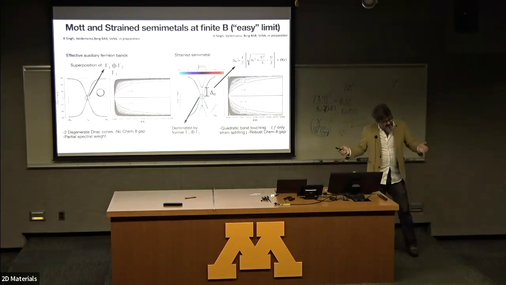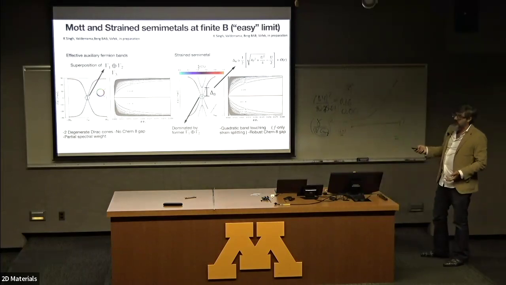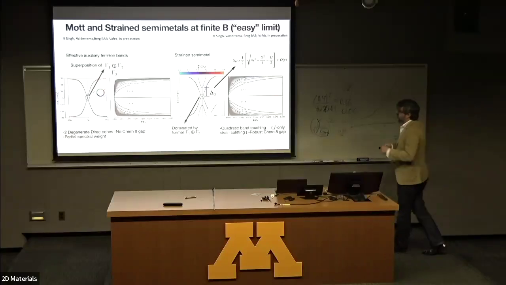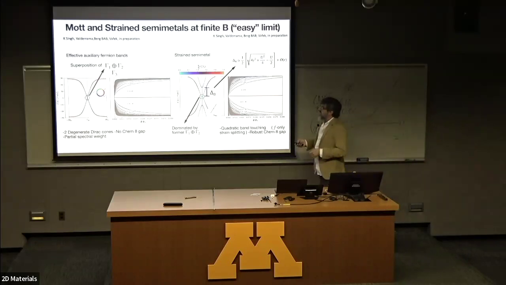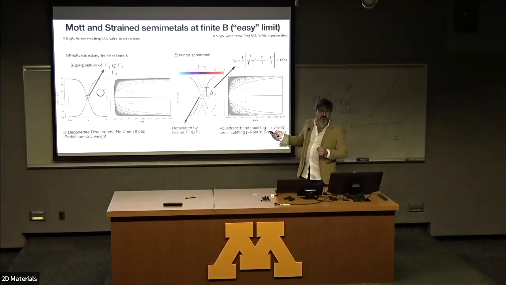In the realistic problem, there will be C equals 8, but it's very clear that there's a huge gap at 4, very little gap at 0 in this idealized limit, and a small gap at 12. There are some residues here that are not 1 because of the auxiliary fermions. With the strain semi-metal, strain has split one of these Diracs, moving them up and down, and you have a single degenerate quadratic touching here.